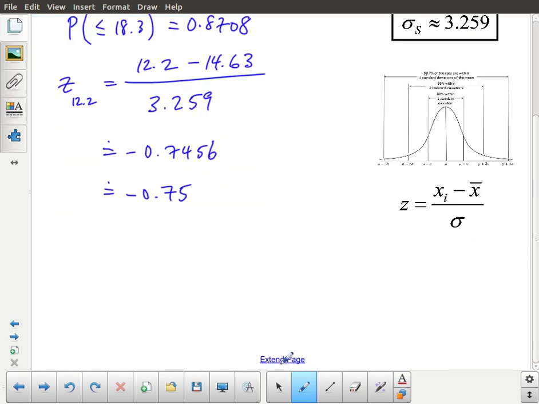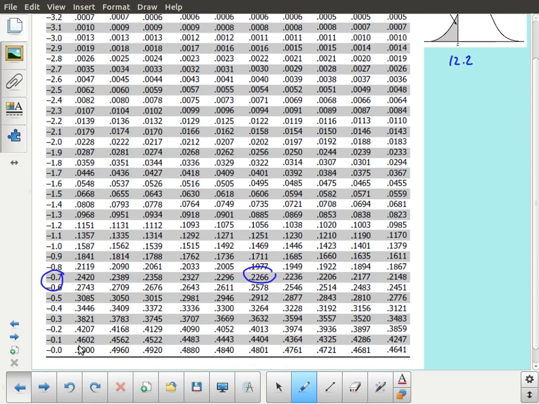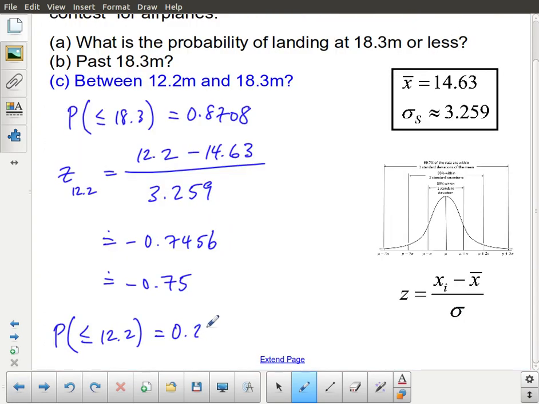Let's extend that page, give ourselves some more room. So the probability of being less than or equal to 12.2 is 0.2266, and we already had 0.8708. So if we look at that in terms of our normal curve, then essentially what we have are two curves.